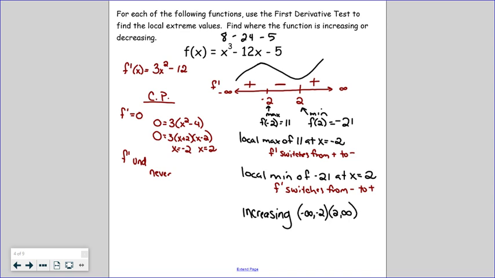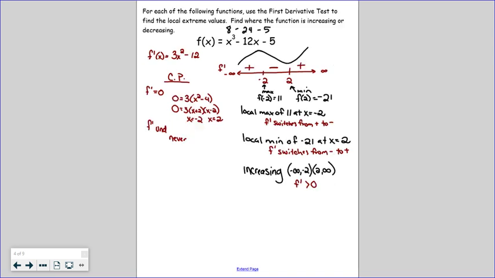Calculus justification: my derivative is positive. Where is it decreasing? That would be anywhere that I had a negative interval, which would be from negative 2 to 2. And my calculus justification: my derivative is negative.